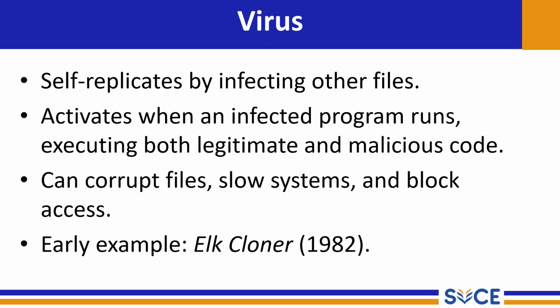An example is that it can corrupt files, slow systems, and block access. Apart from that, there are so many antivirus solutions, like signature based scanning, heuristic analysis, real-time behavior monitoring, or sandbox analysis.